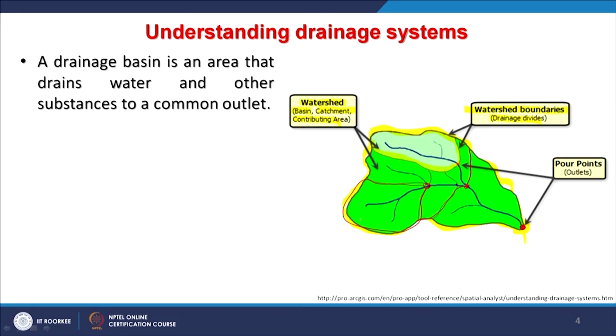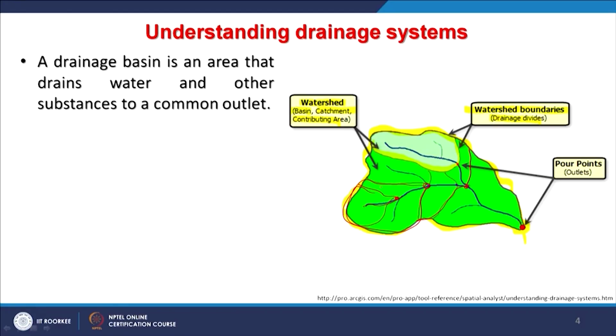As you go lower and lower towards the outlet, the watershed or sub watershed becomes larger and larger, and as I go higher and higher in the order of stream, this we say first order stream, we will have full discussion on this. So, if I decide my outlet is here, this watershed is going to be only this much.